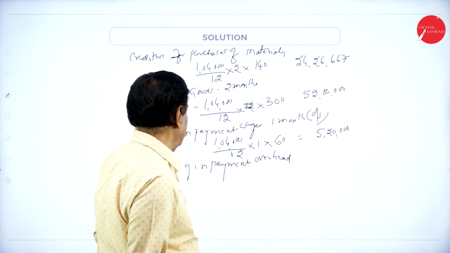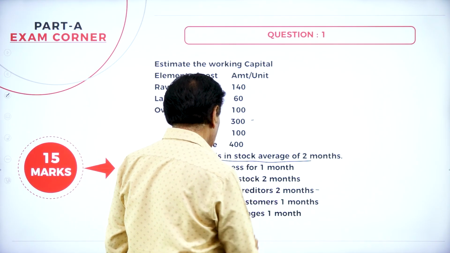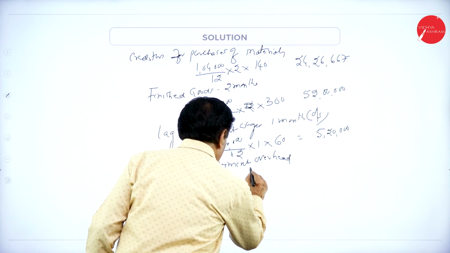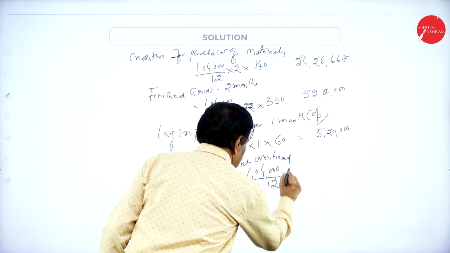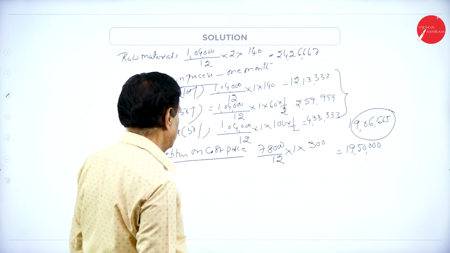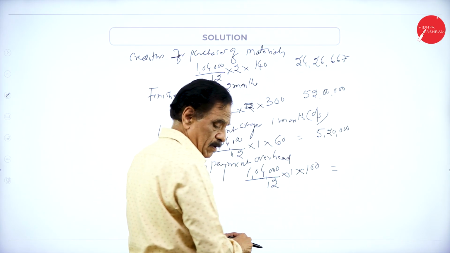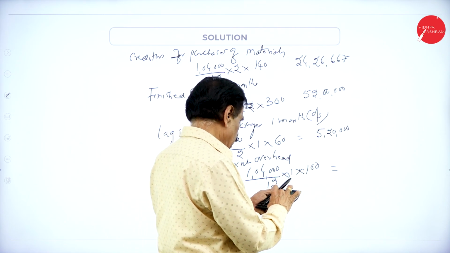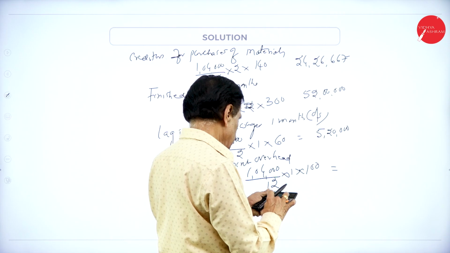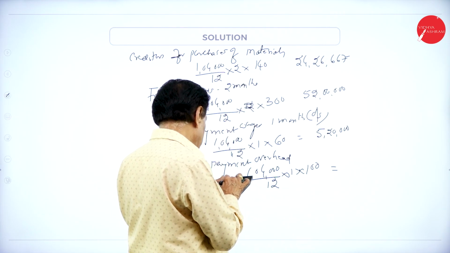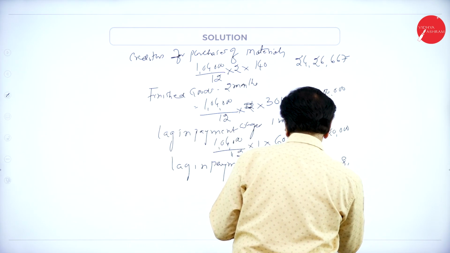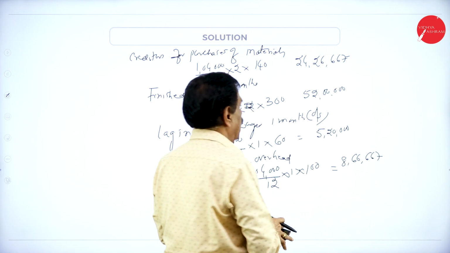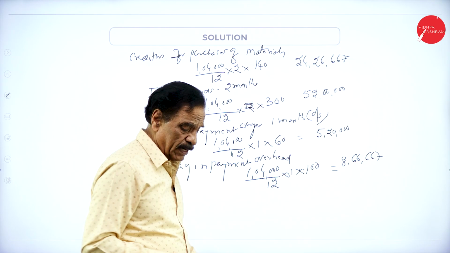Lag in payment of overhead, 1 month. 1,04,000 divided by 12 into 1 into overhead 100. 8,66,667 divided by 12 into 1 into 100.